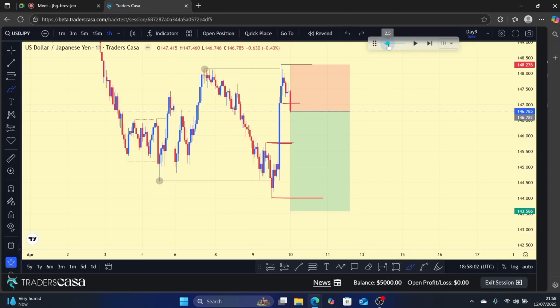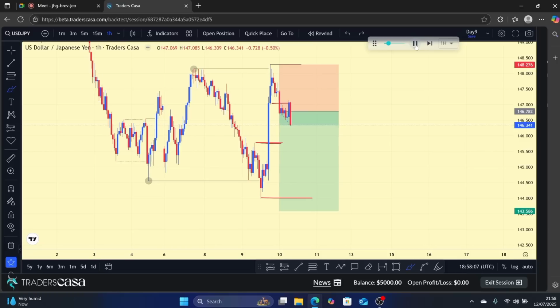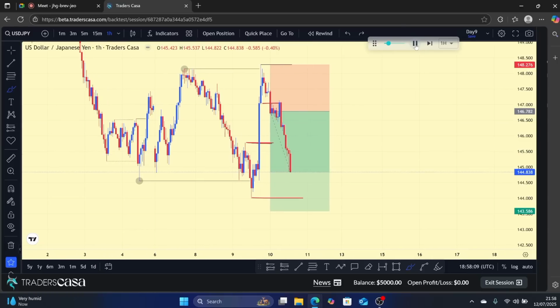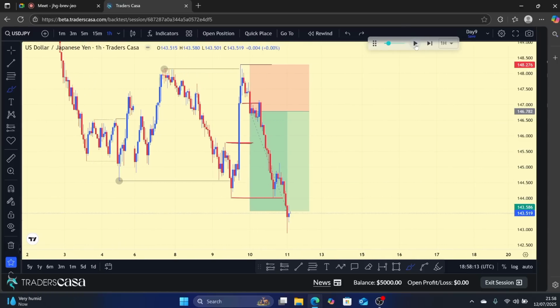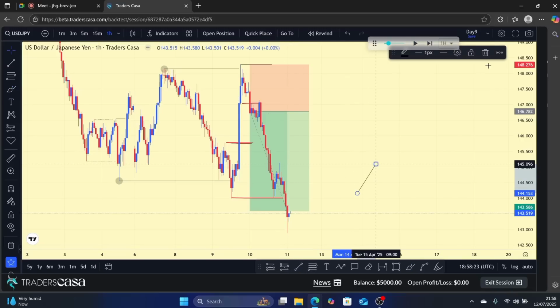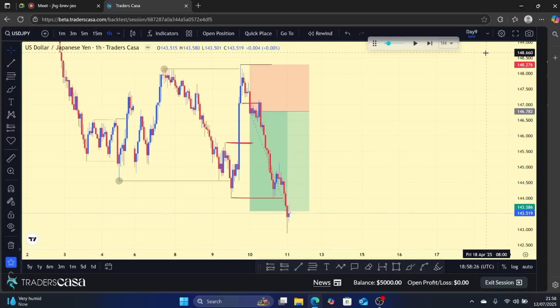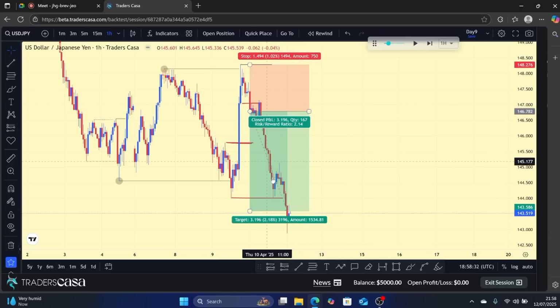So let me make these 3 candles in a row. All right, and as you can clearly see, price is heading in our direction and probably hitting our TP exactly right there. So you can clearly see the risk to reward here. This is 1:2. But if I had taken a lower time frame execution, probably I would get a 1:5, a 1:4, and also I may get 2 to 3 trades here.